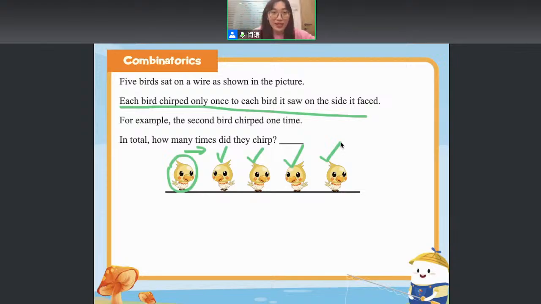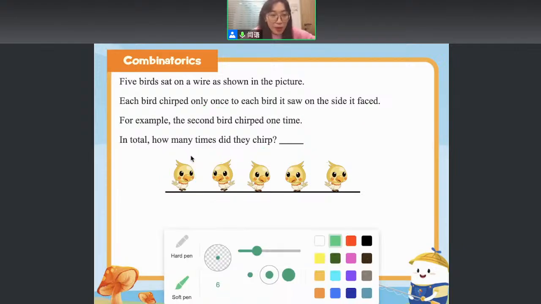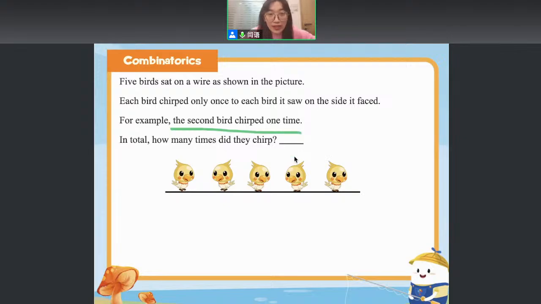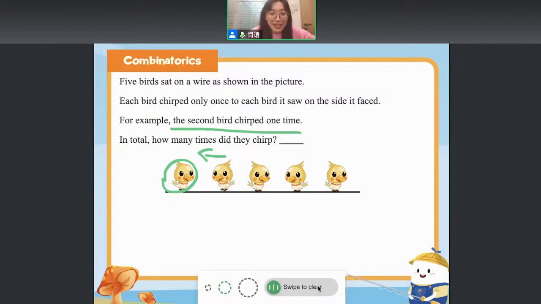Okay, and also you see, according to the question, for example, the second bird chirped 1 time. Why only 1 time? Because now you see, for the second bird, it is facing the left side. And how many birds are there? Only 1. So that is only 1 time. Understand? Okay.